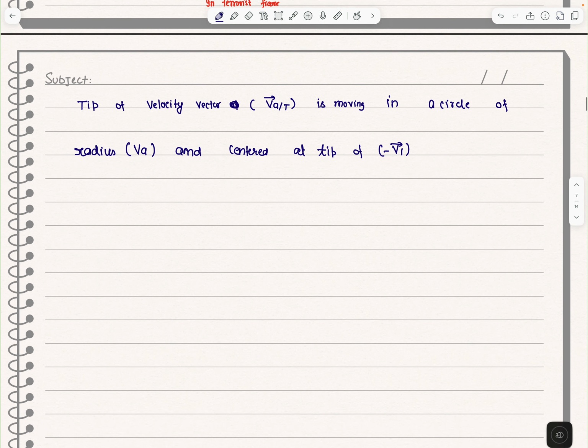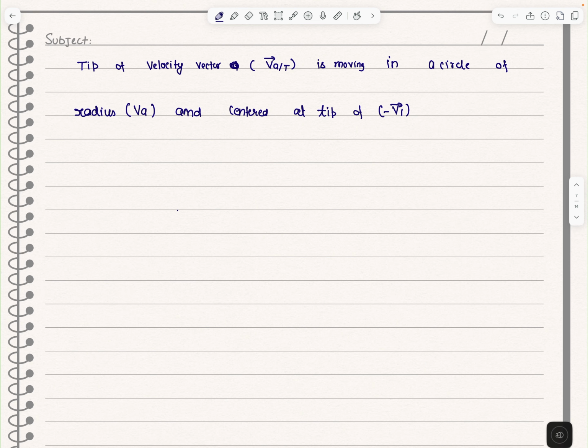तो मैं इसको एक और डायग्राम में बना लेता हूं. This was minus velocity of terrorist, correct?